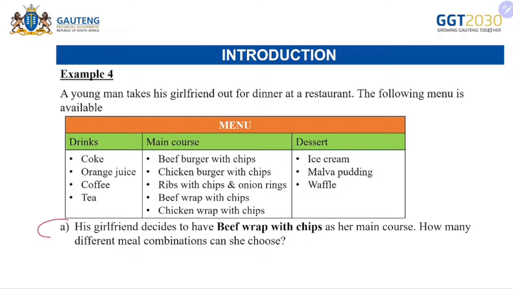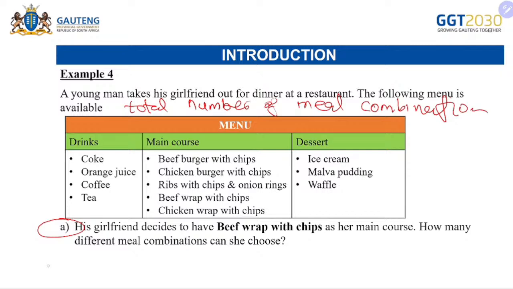This question is supposed to be question number 2. So the first question should be about the total number of meals. Meal combination. How many different meal combinations can we have?